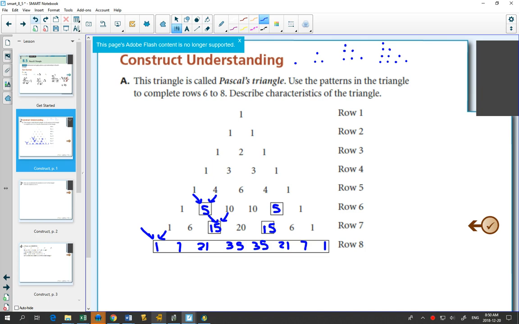Did any of you add up the numbers in the row? 1. There's 1. 1 plus 1 is 2. 1 plus 2 plus 1 is 4. Add the next row, 8. Add the next row, 16. What's the next row going to add up to? 32.